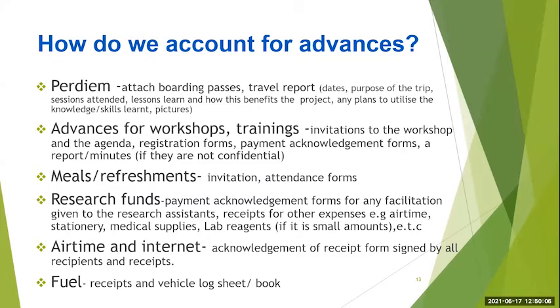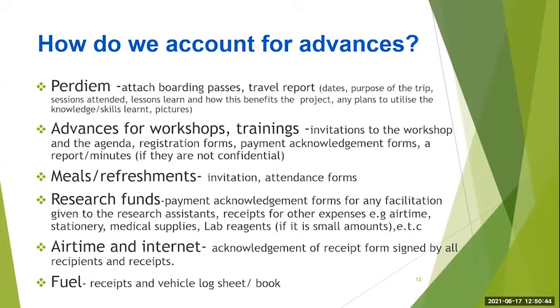Say if they are less than maybe 500,000 or 300,000, if you're not sure, ask the accountant or any person for guidance, because sometimes the procurement also takes long. But for small procurements, if the researcher is buying these masks that people put on these days, or maybe gloves, and these are few boxes, really they don't need to go through procurement, but for such, they still have to attach receipts.